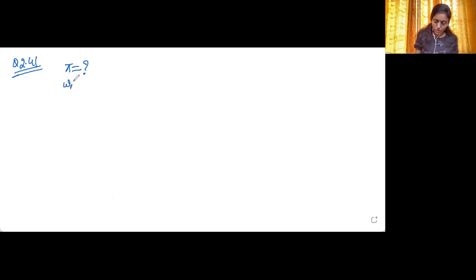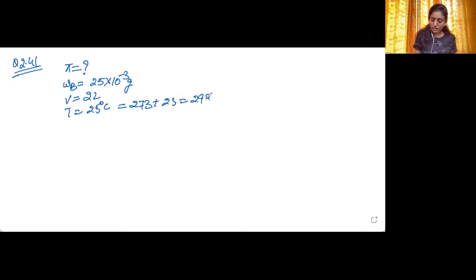WB has been given to be equal to 25 milligram, that is 25 into 10 to the power minus 3 gram, in 2 liter of water. Volume is 2 liter at 25 degrees C. Temperature is equal to 273 plus 25, equal to 298 Kelvin.